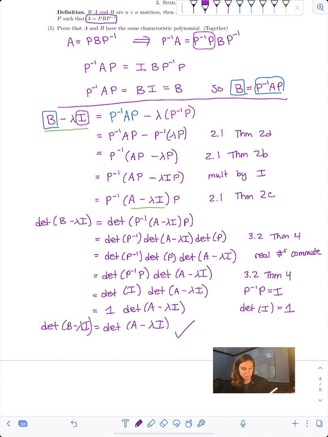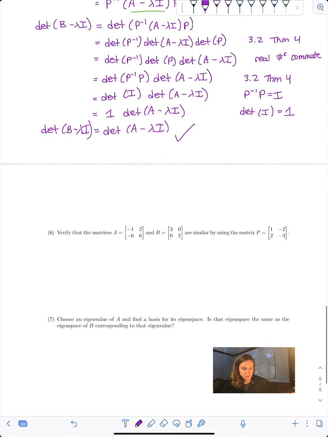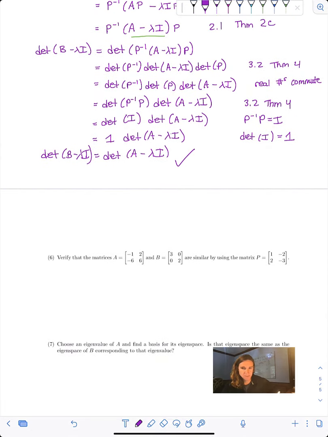So that's exactly what we wanted. Okay, and then our last step is we're going to look at actually verifying that these matrices A and B given are similar. And then we'll look at what happens with their eigenvalues.